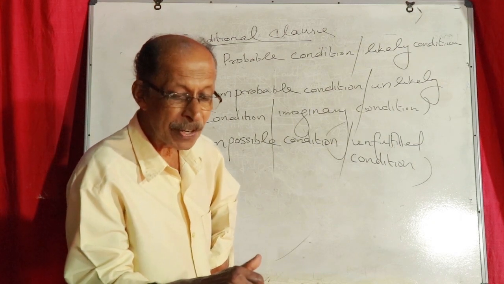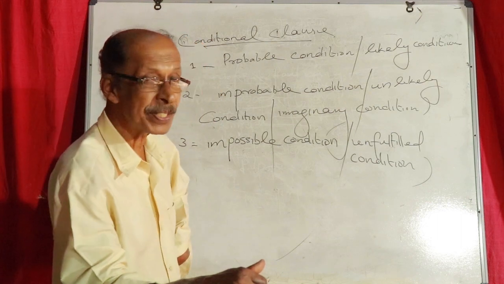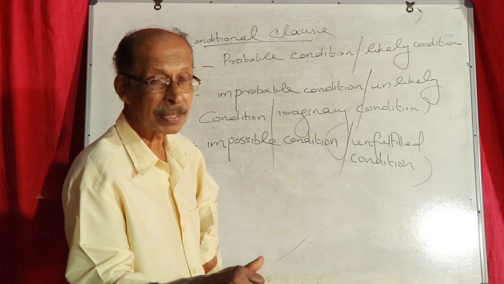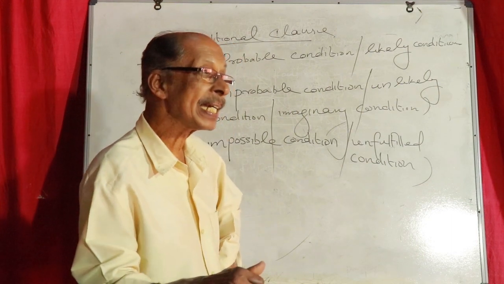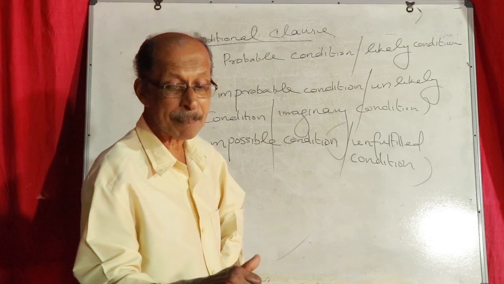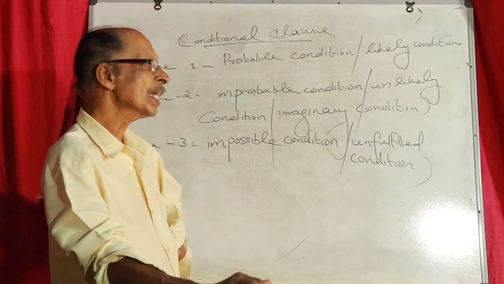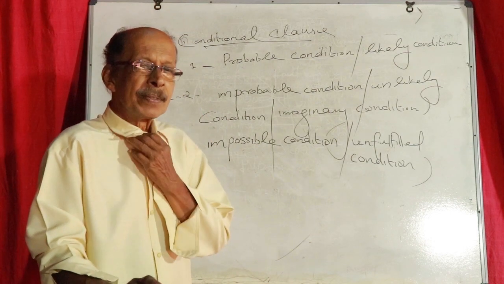You see: if you want, I will train you. If you want, comma, I will train you. That sentence is separated using a comma. You have noticed that. The sentence begins with if.